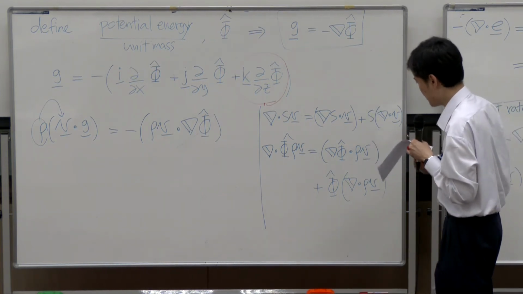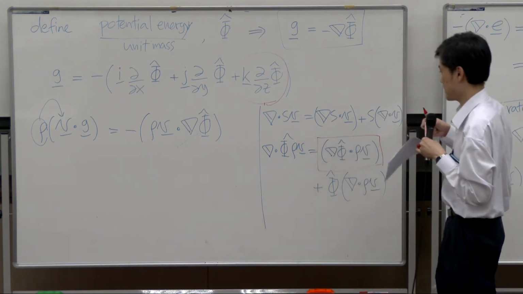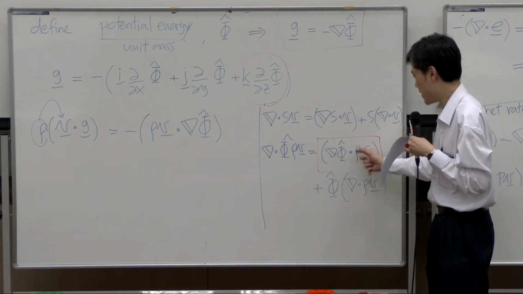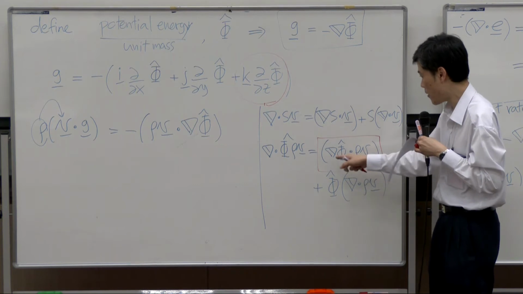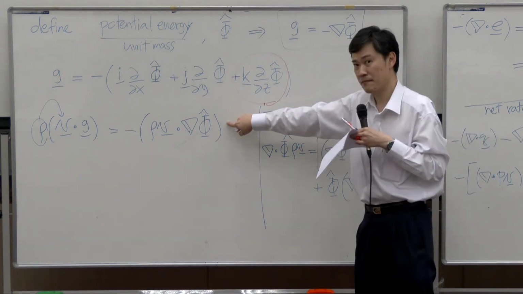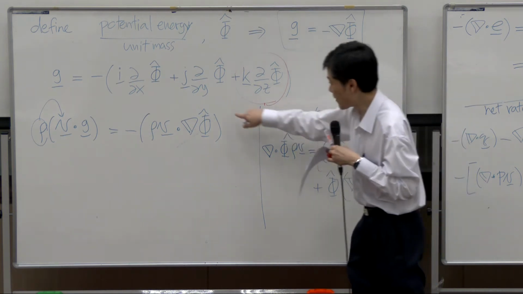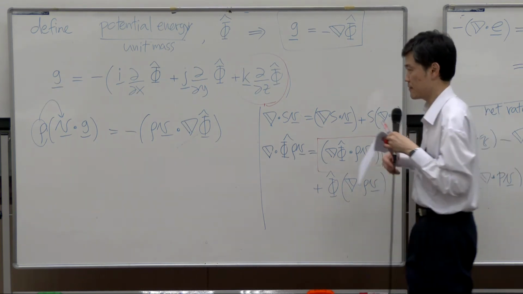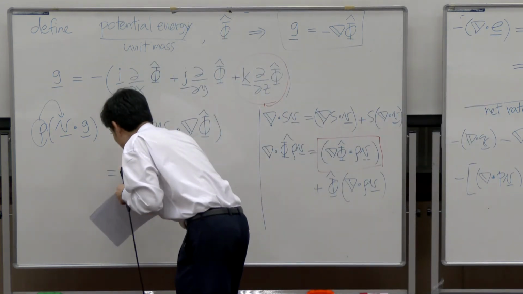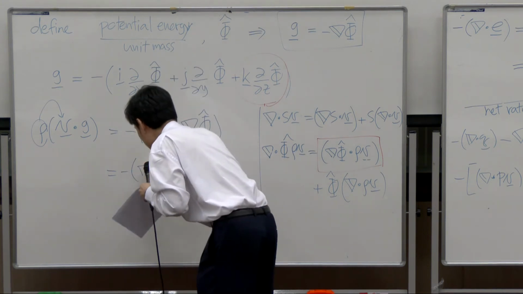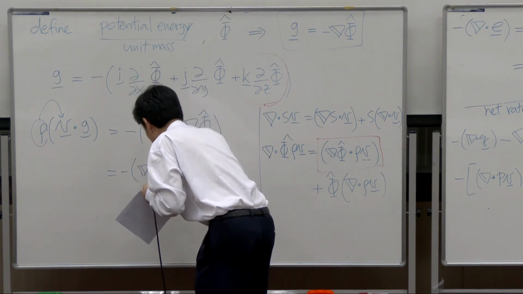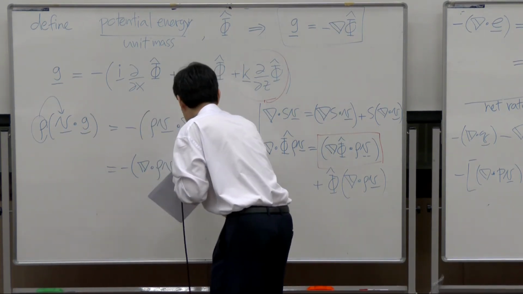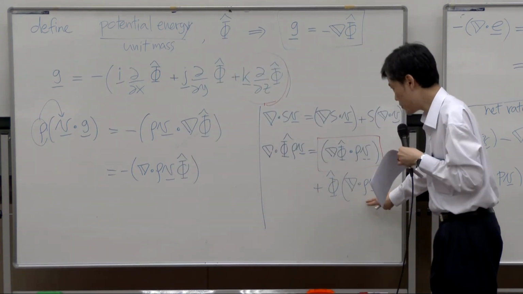And this term, since it is a dot product, A dot B is equal to B dot A. You can swap these two parts and you end up with this one. Basically the same thing. So I can write this part as this subtracted by that. Okay? So eventually I get minus del dot rho v phi, which is this term.